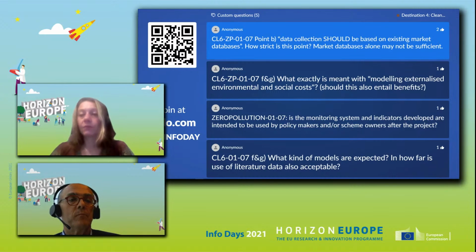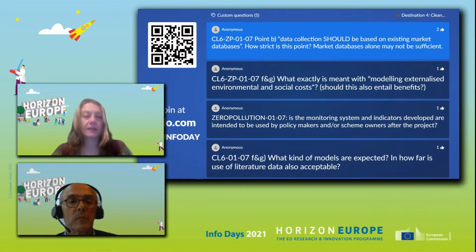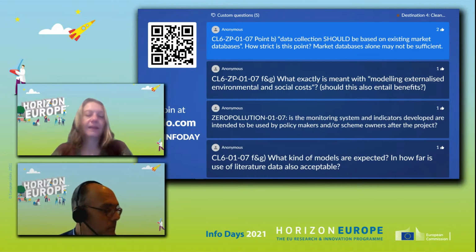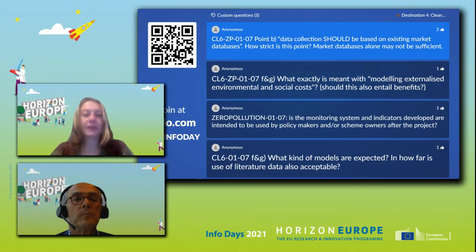It may be true that market databases alone may not be sufficient, although the scope is about collecting data in figures on volumes of biological resources and bio-based materials and products in the global trade flows, and also imports and exports into and out of the EU.